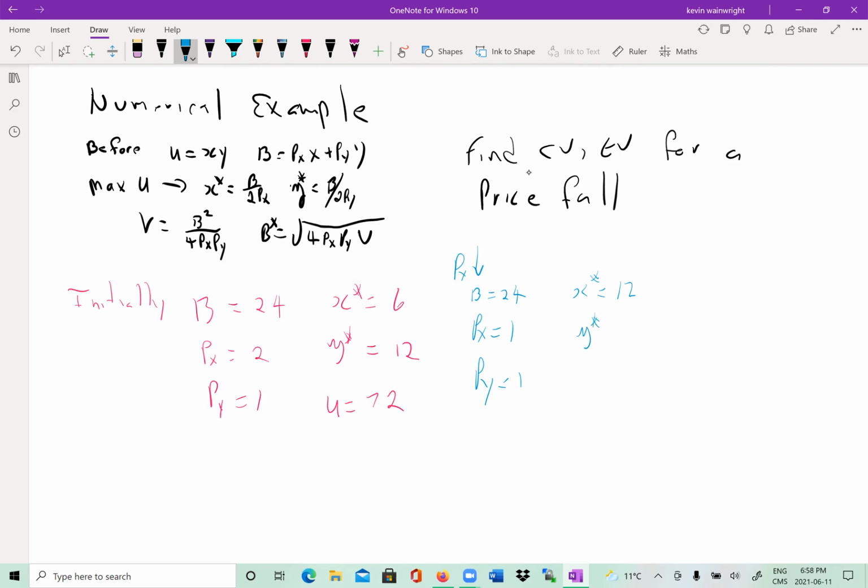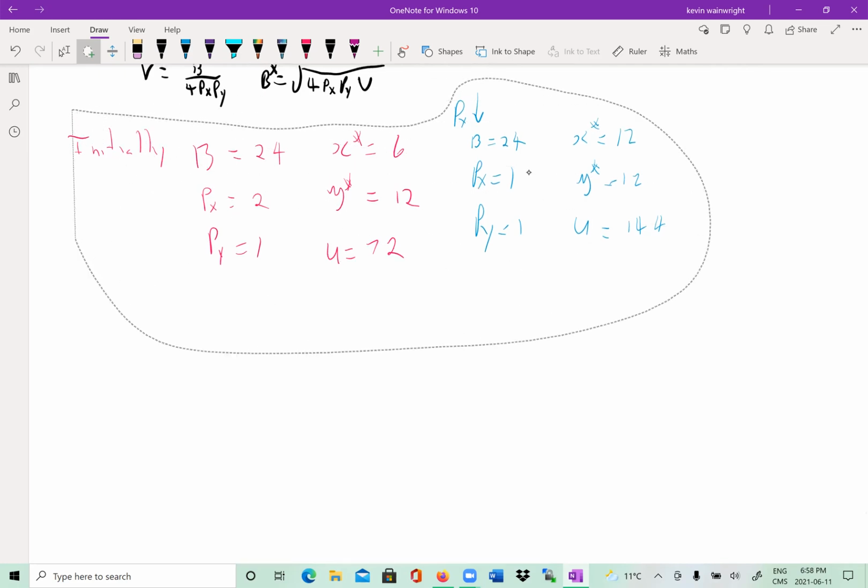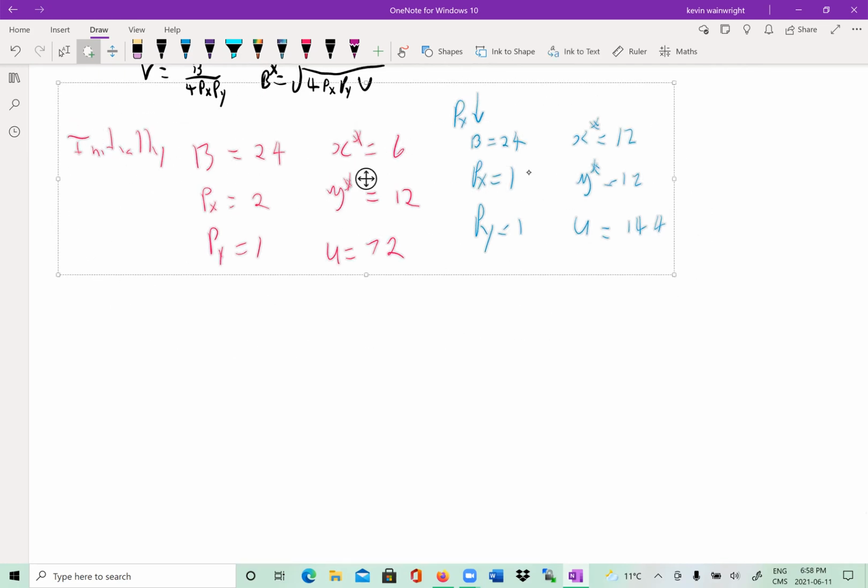Y star is 12. And my utility is 144. Okay. So let's look at this graphically.